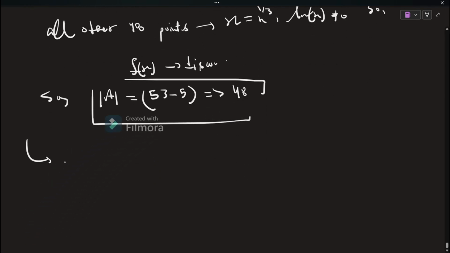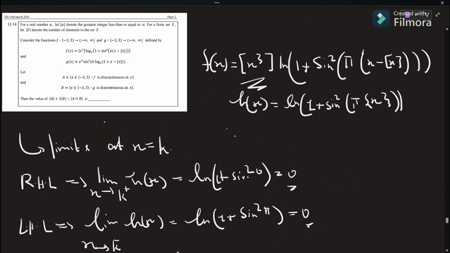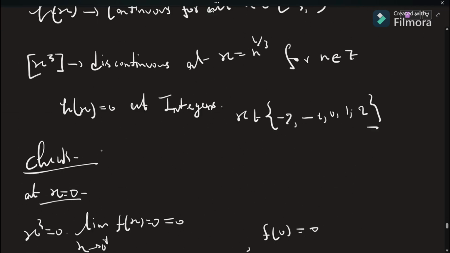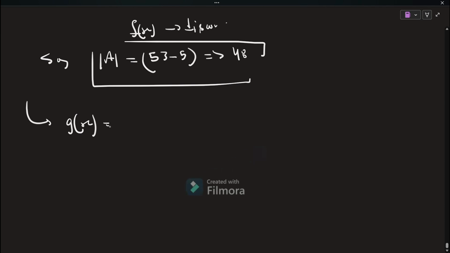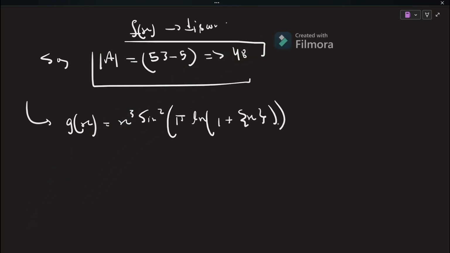Now going on g(x). So g(x), where is g(x)? Okay. तो g(x) में आगे ग्रेटेस्ट इंटीजर फंक्शन नहीं है. So g(x) इक्वल्स टू आ जाता है x cube sine square of pi ln 1 plus fraction part function. Yep.